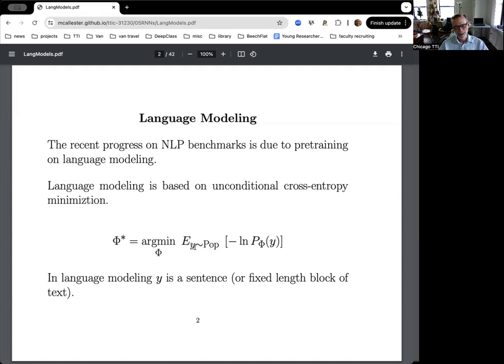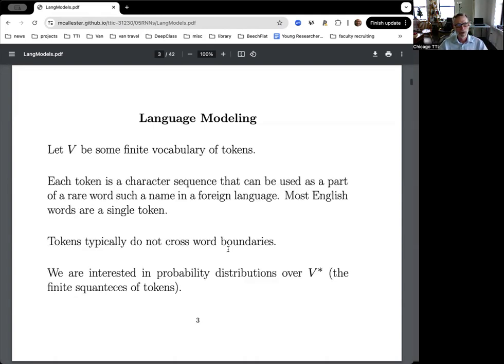I fix the block length, so I draw a block of text and I compute the negative log probability of that block of text. So training the base model of a large language model, the foundation model, is using the very same universal fundamental equation as image classification, as any other problem in deep learning.